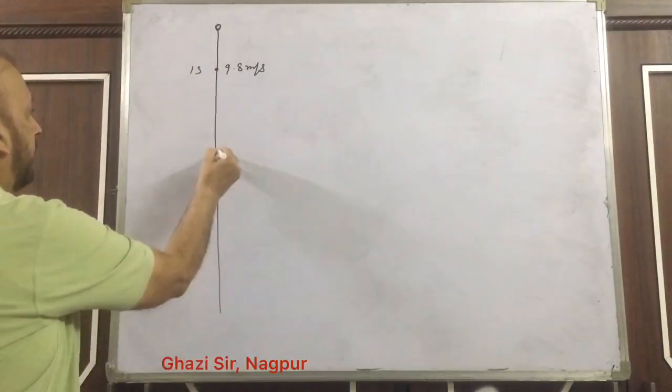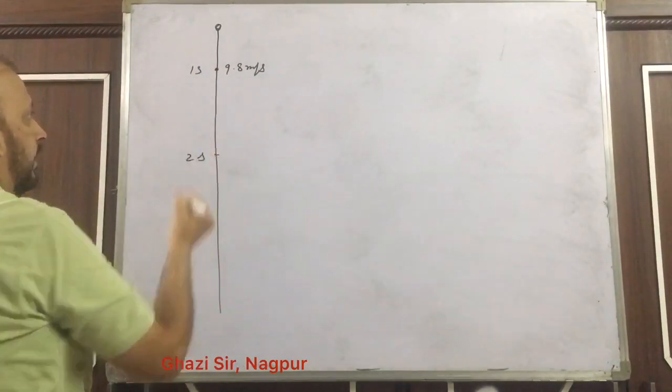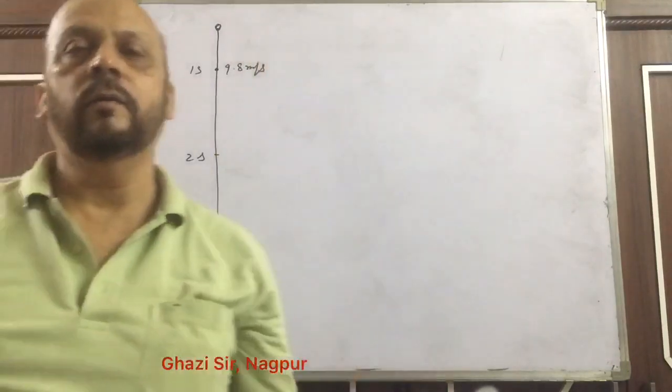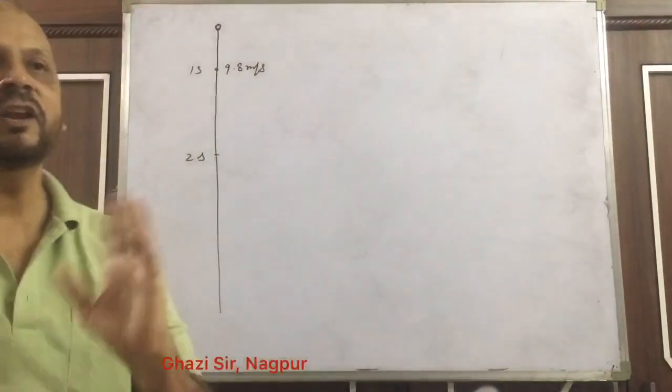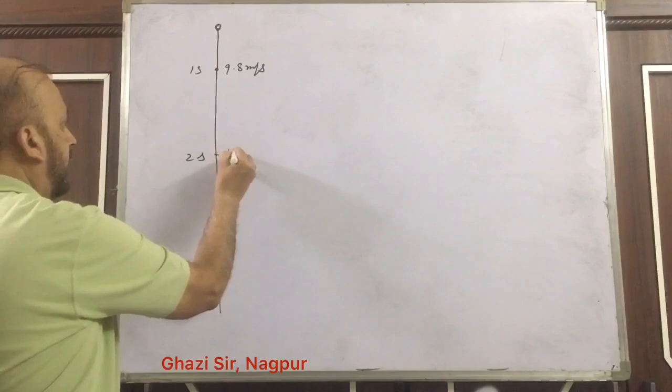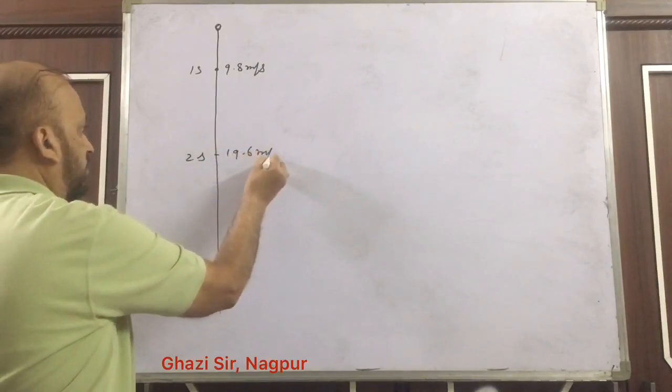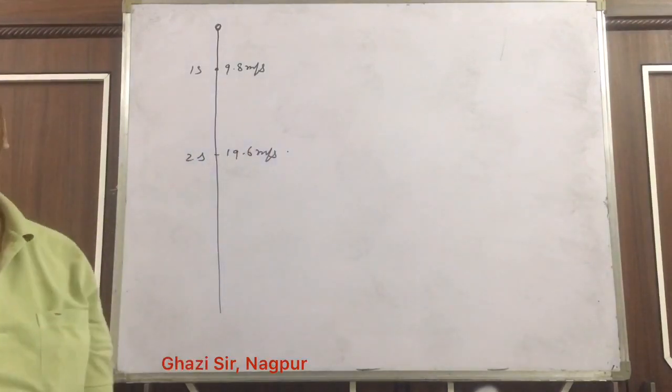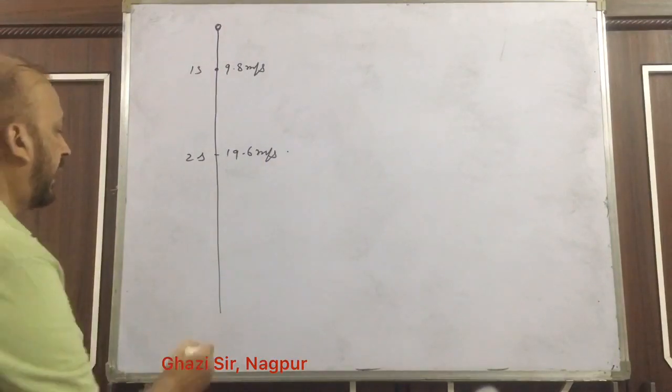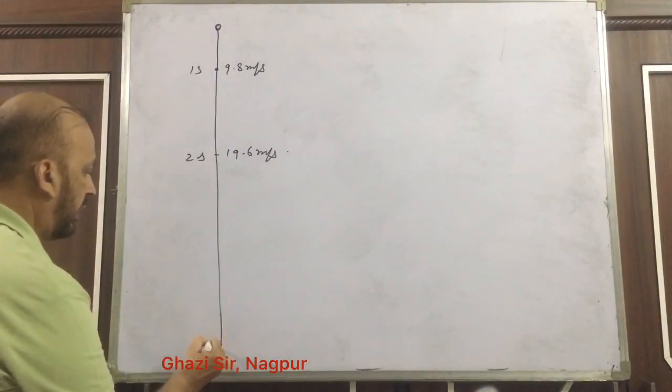After 2 seconds, since Earth is pulling it, therefore velocity will increase. Suppose 19.6 meter per second. After 3 seconds, say it hits the ground.